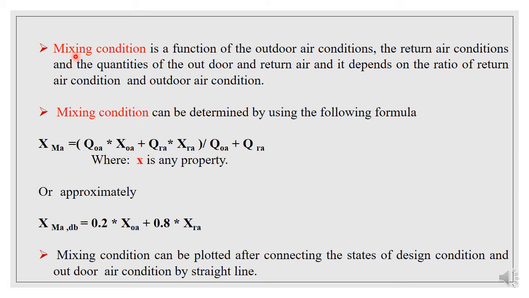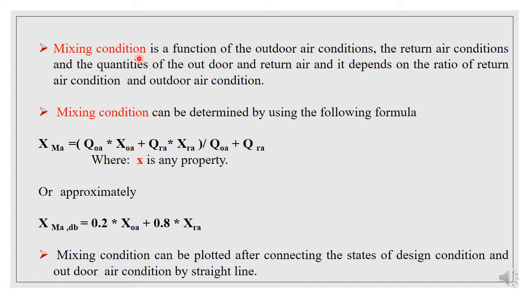Okay, now we have several types of air that I have just mentioned. So now the most important thing is to know the supply air condition, but before that we have to understand what is the mixing condition of the air.